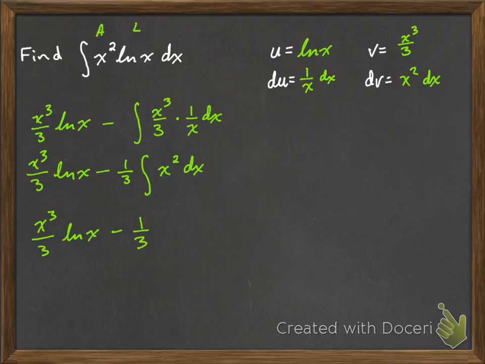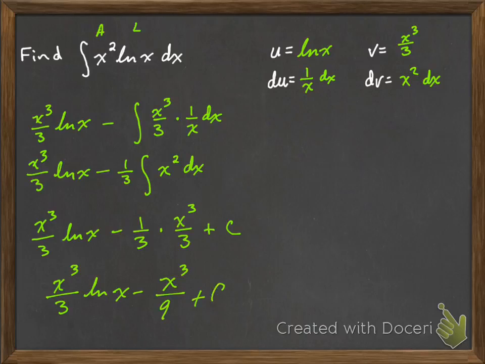We're going to have 1/3 times the integral, which would be x cubed over 3 plus our constant. Simplifying a tad, that would be x cubed over 9 plus c, and that is our antiderivative for this problem.